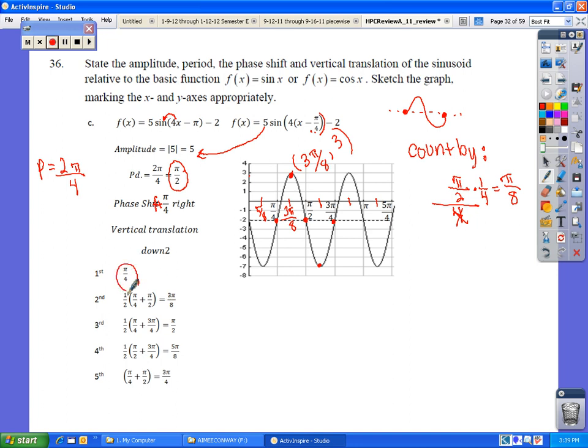Again, you always start at that phase shift. That phase shift is always the point you start at. From there, though, you're going to take the pi over 4, you're going to add your period divided by 2, again here and here. So you could also get those points by simply using your translations.